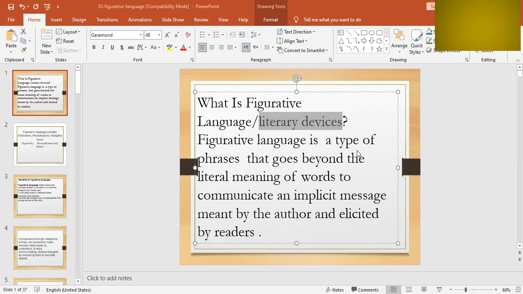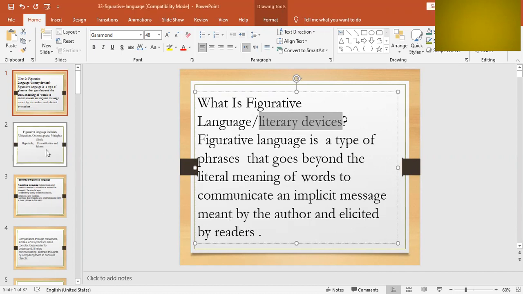Implicit message means it's not a direct message. When I say sun, it doesn't jump to my mind as the sun in the sky. No, there's something behind this. An implicit message meant by the author and elicited, understood by the reader. It means the reader understands what an author means by using certain words in certain contexts.